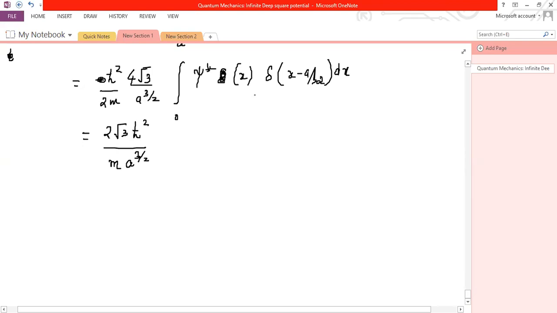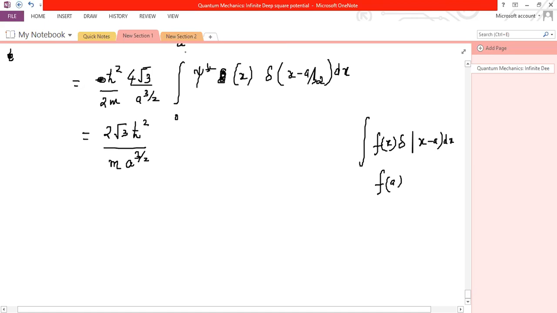And you know, from your filtering property of the Dirac delta function, if you remember, f(x) into Dirac delta (x minus a) dx, let's say we are integrating upon the entire space, then the answer is f of a.